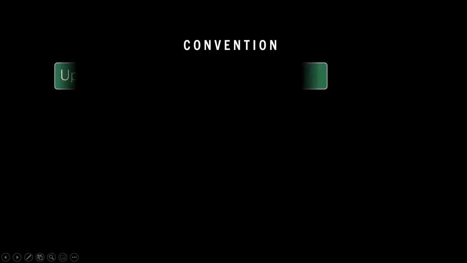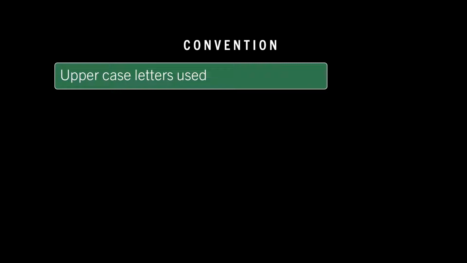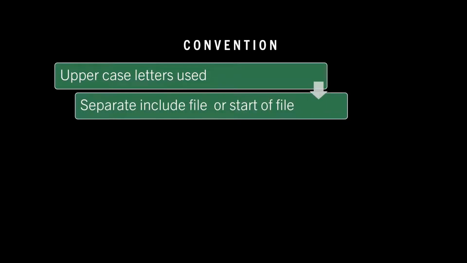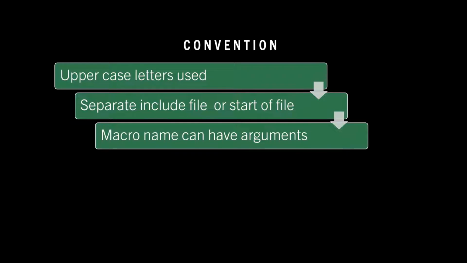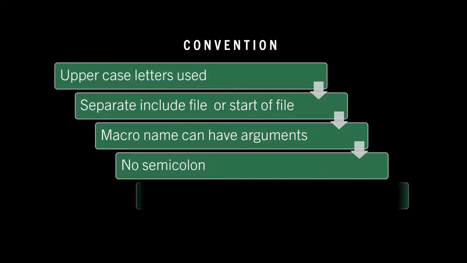Talking about convention, it's common practice to use uppercase letters for definition of macros. You could have a separate include file where you could club all the macro definitions, or you could place them at the start of the file. The macro name can have arguments, and this is how we could use macros to replace functions, as we will see shortly. No semicolons to be included.